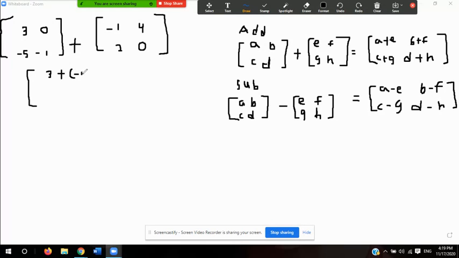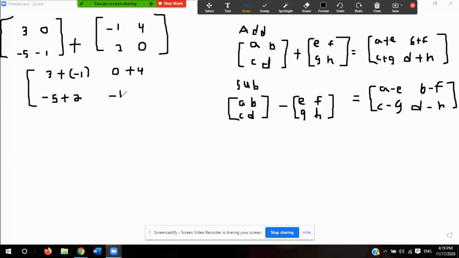And then I'm going to have 0 plus 4. And then negative 5 plus 2, and that's pretty much what you're doing. And then finally, negative 1 plus 0.